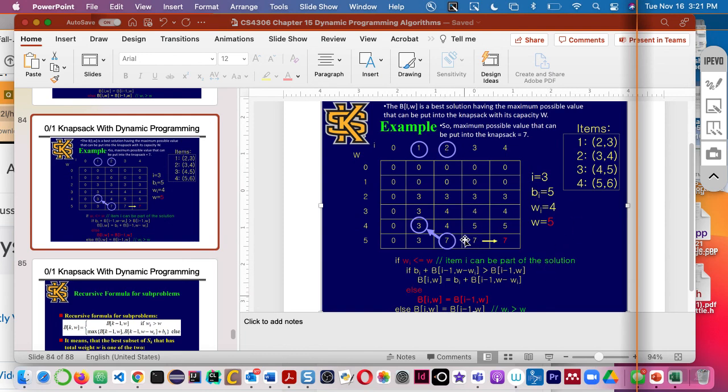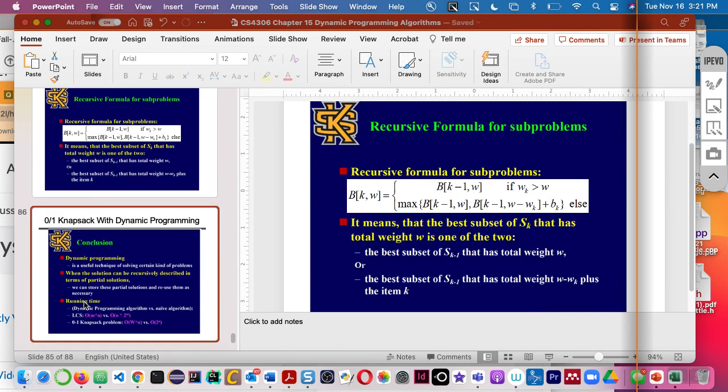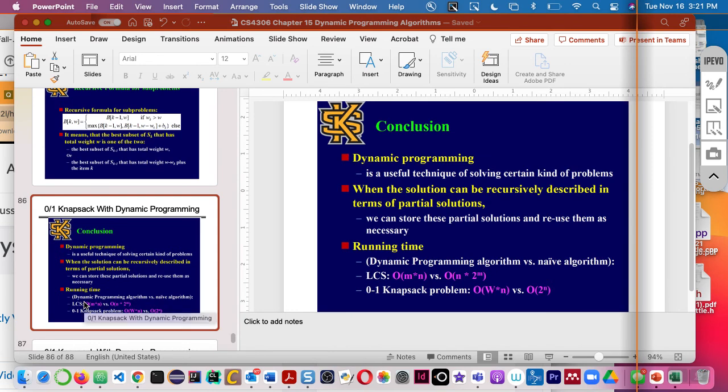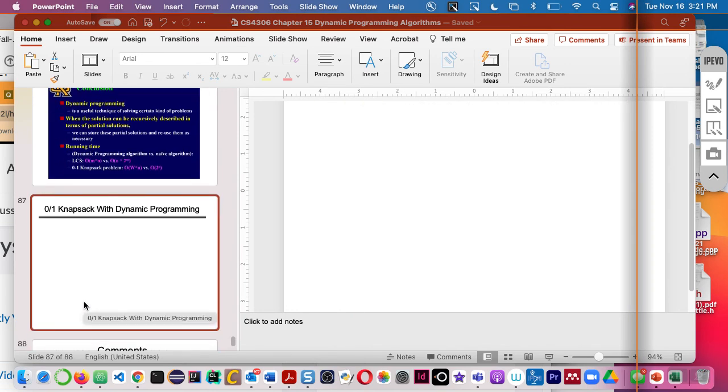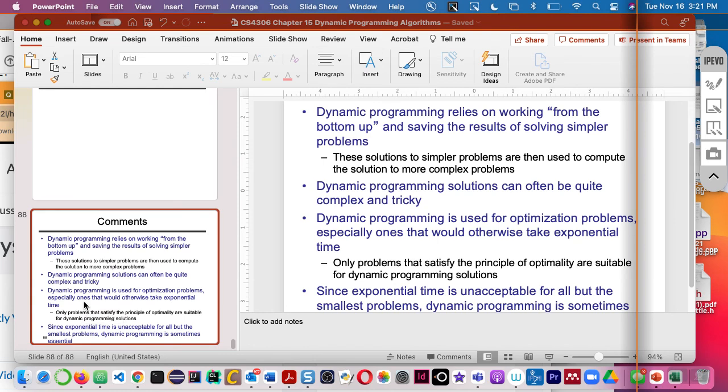Okay, by looking at the B matrix, we will get the combination to select. This is the way. Okay, this is the conclusion for the dynamic algorithm.